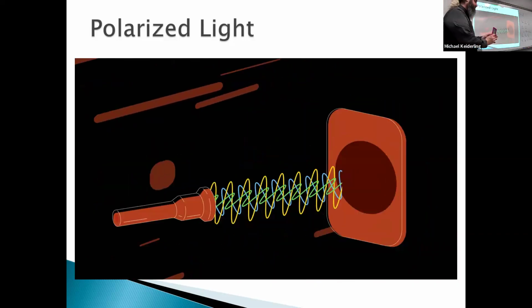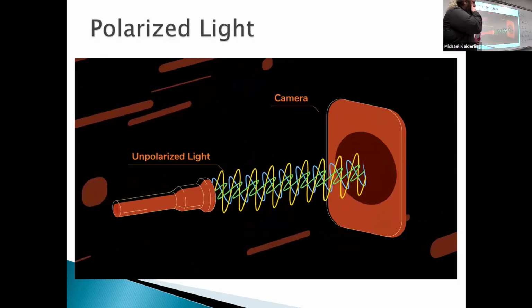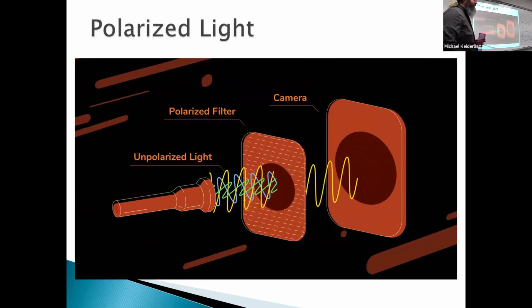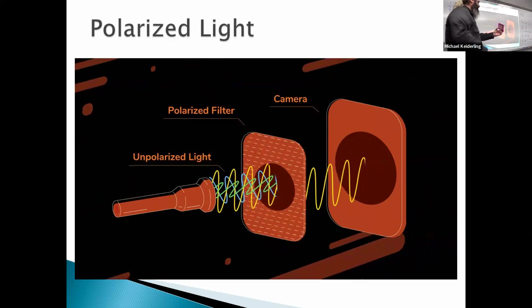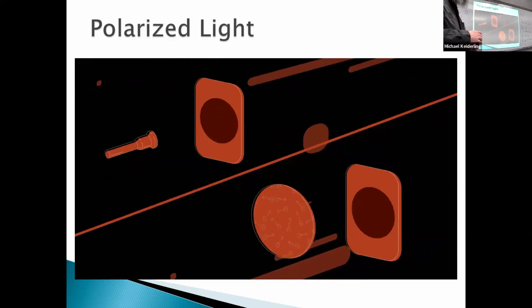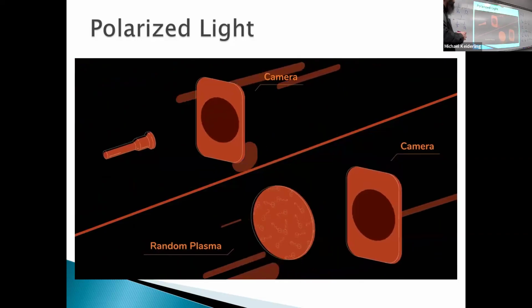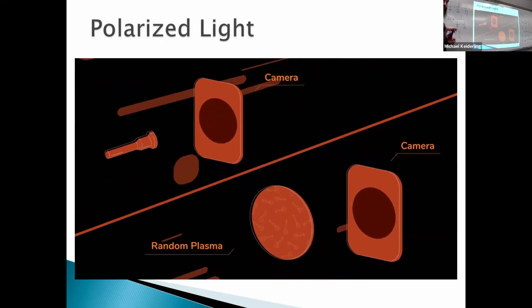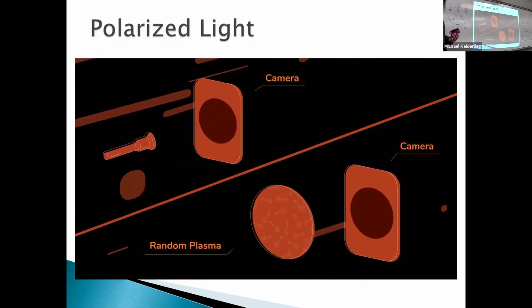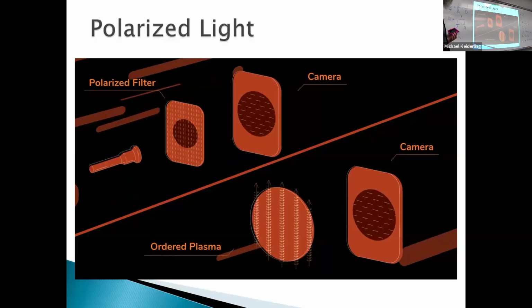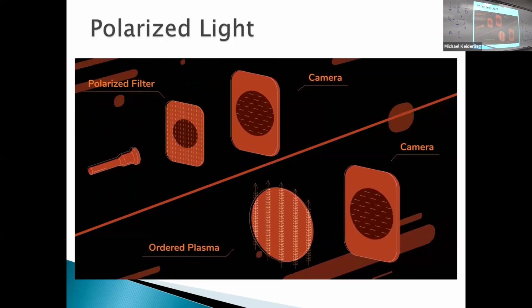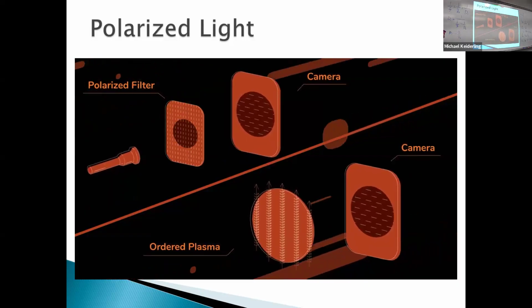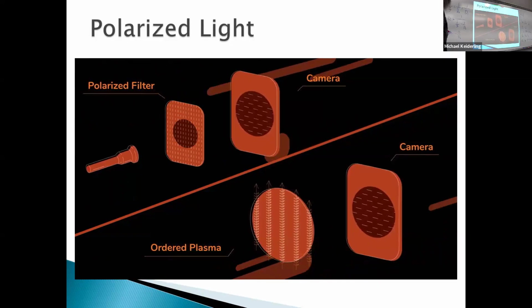Light produced by a torch is unpolarized. When we place a polarized filter in between, the light becomes polarized. In space, randomly moving hot gas or plasma emits unpolarized light, like the torch. Plasma threaded by a magnetic field is ordered and the emitted light is polarized. The magnetic field acts as a polarized filter.